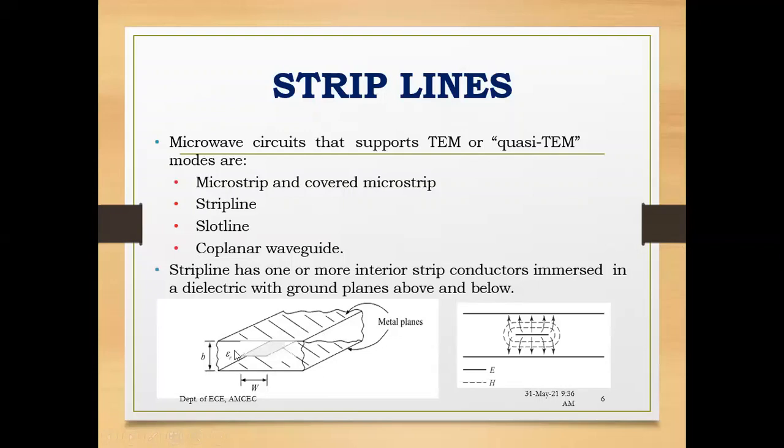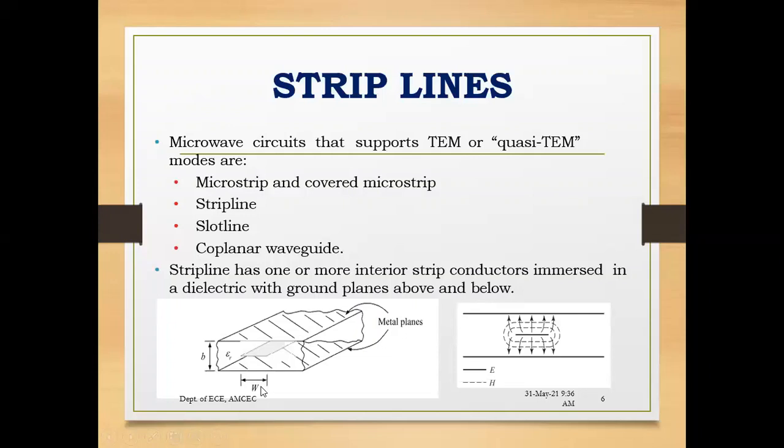This epsilon r, we always represent the dielectric constant as epsilon r. So this is the dielectric constant of the strip which is placed here. As I've told you, if I consider a notebook, the bottom layer is considered as a ground plane. The top layer is considered as a substrate. This is nothing but the light color, transparent color, that you have here.